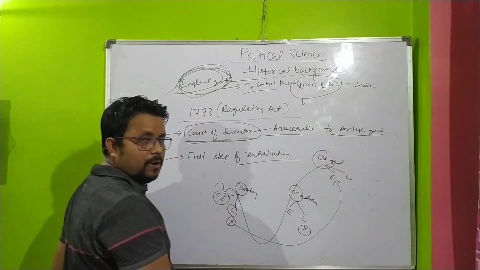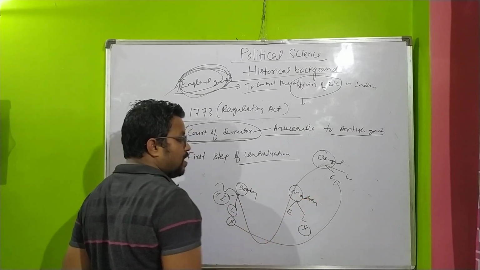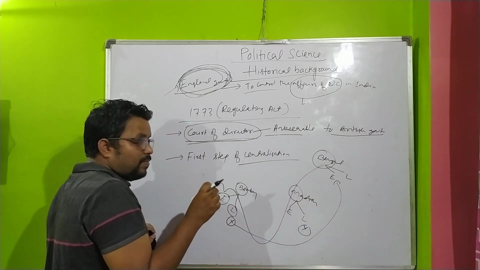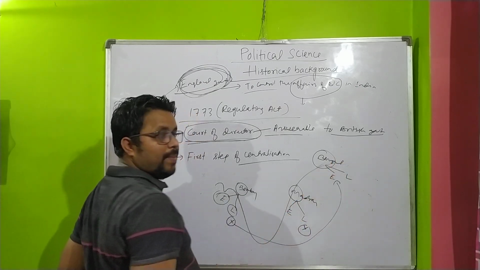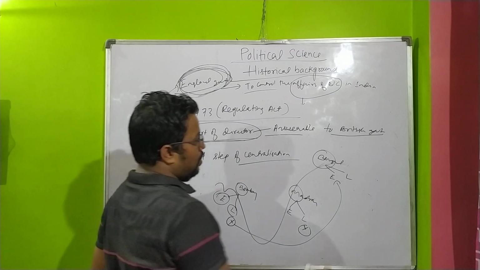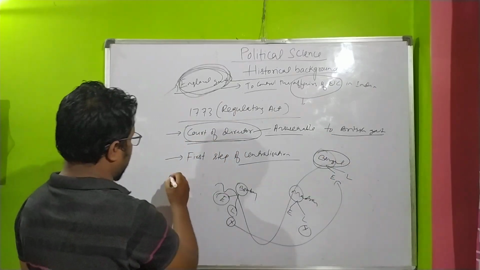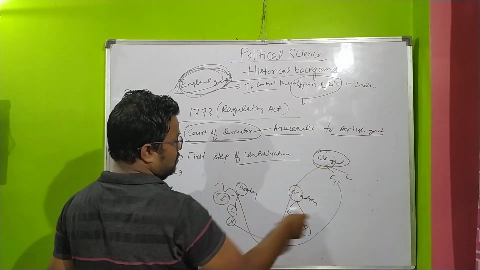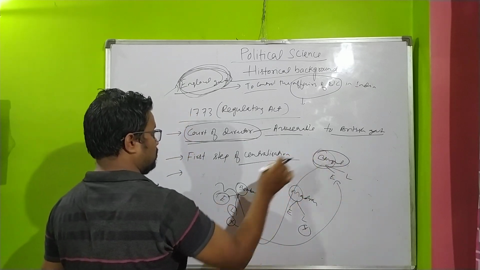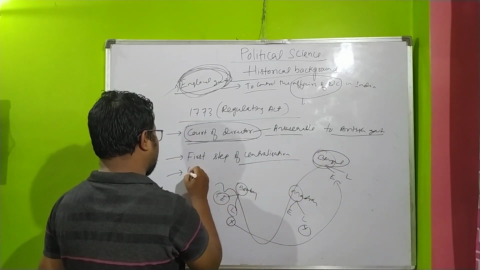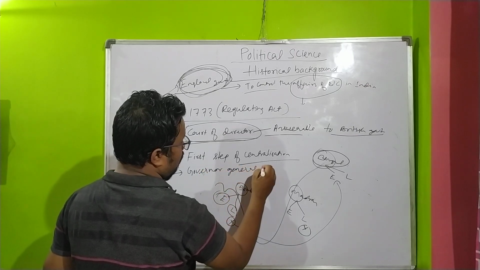of Bengal. The few legislative powers of Bombay and Madras have been curtailed, and whatever legislative powers have been curtailed have been added to the Governor of Bengal. That's why the Governor of Bengal, since he is getting more legislative powers, was said to be the Governor General of Bengal.